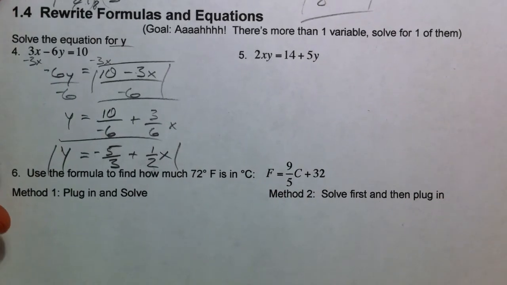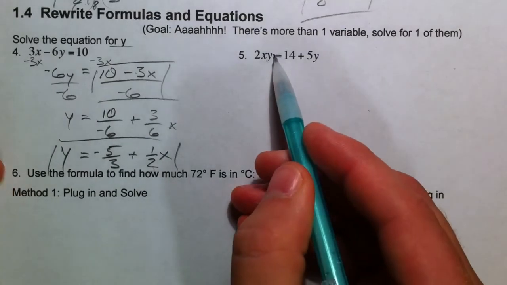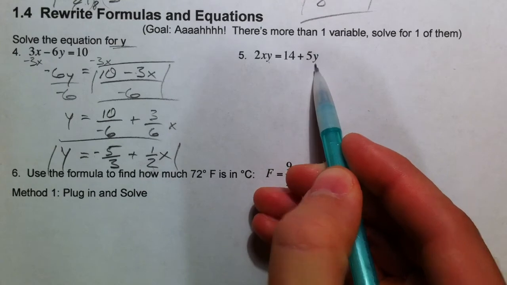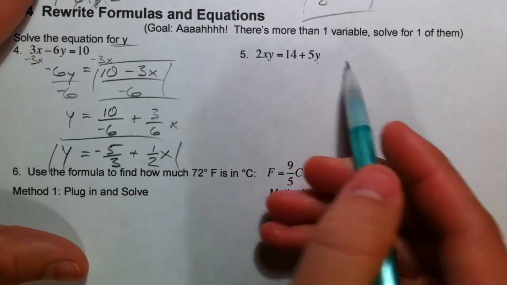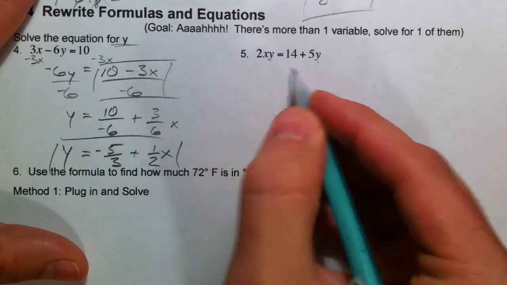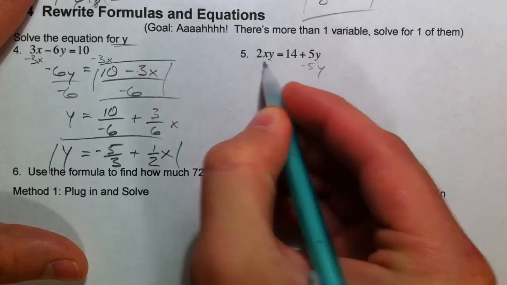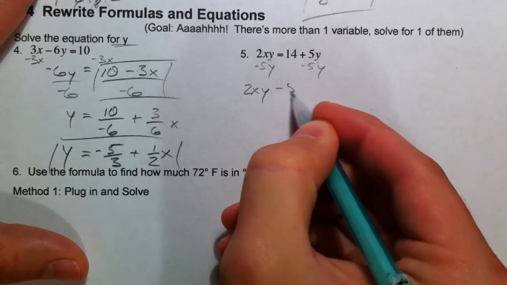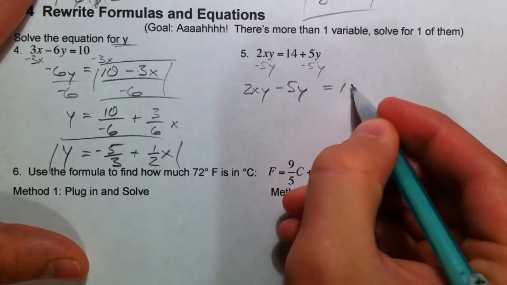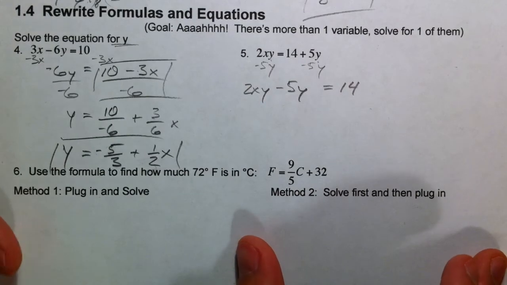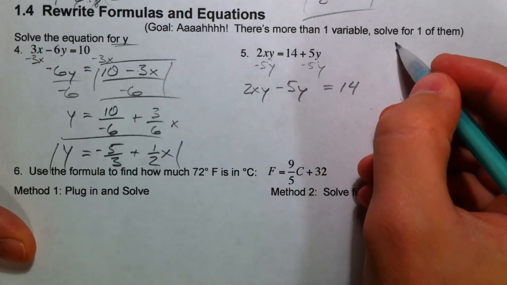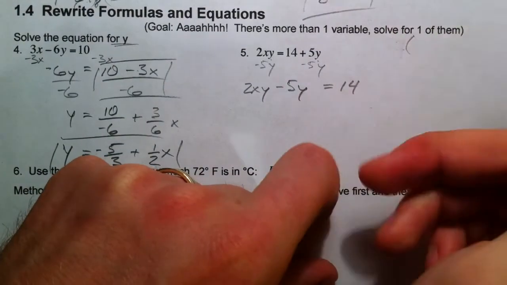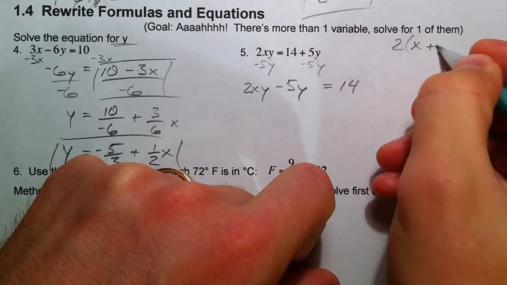Next one's a little trickier because we're trying to solve the equation for y, but there's a y here and there's a y here. So first thing I'm going to do is still get the y's on the same side. So subtract 5y. 2xy minus 5y. And if you remember, we've been doing things like 2 times x plus 3.